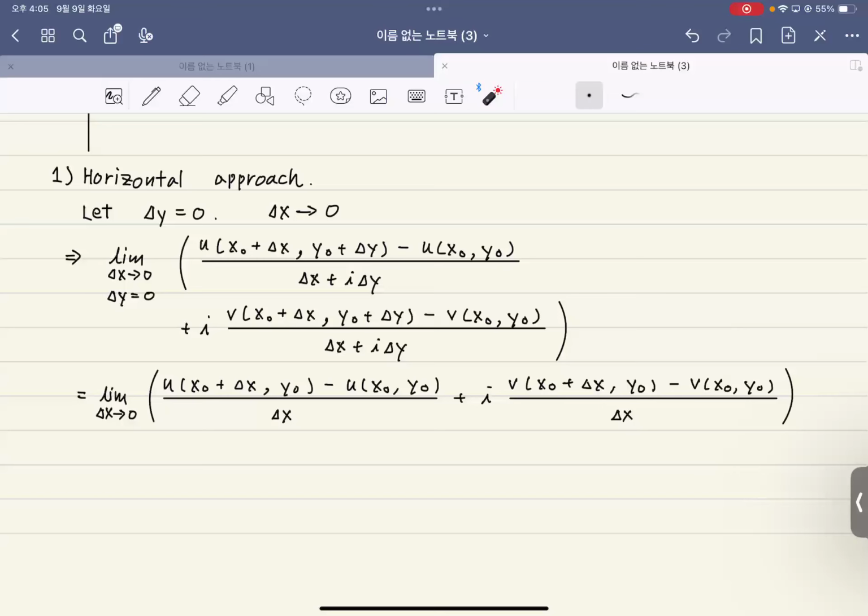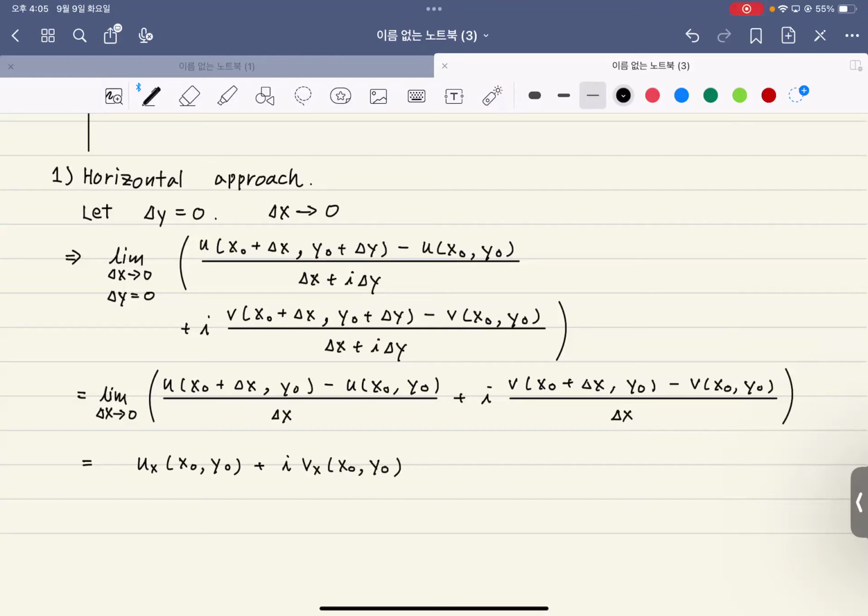So the first one is the partial derivative of u with respect to x at the point x0 and y0, plus I times the partial derivative of v with respect to x at the point x0 and y0.